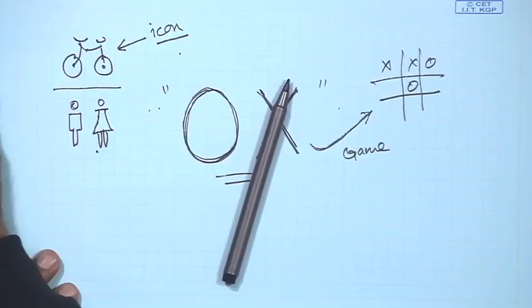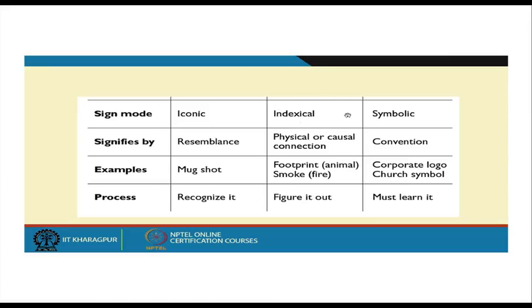Whereas, in the case of an indexical sign, it is based on some kind of physical or causal connection, and it has to be figured out. You have to be able to understand or make out that there is a cause and effect relationship.